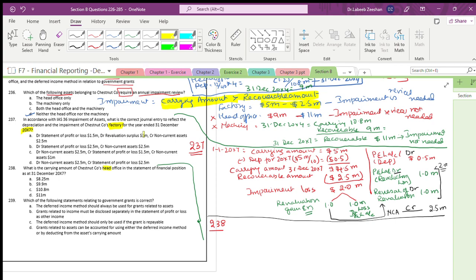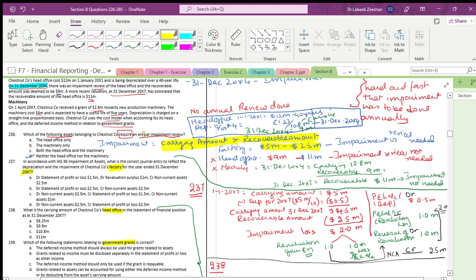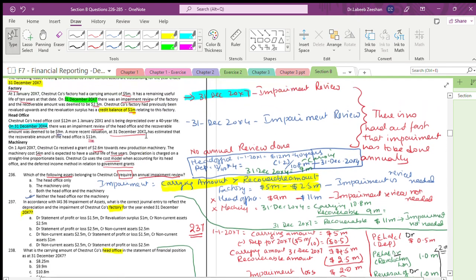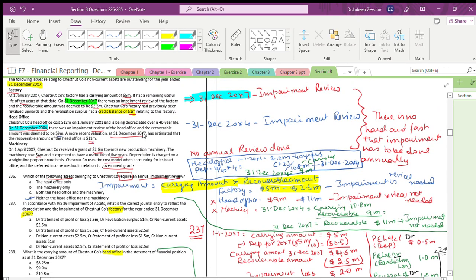Previously we have done it for the factory. They are asking all three questions. They have asked for the factory, now they are asking for the head office, and they will ask another question for the grants. Is it the revision? Very simple. Next, till examination, you just have to follow me. Inshallah khair. Okay. What is the head office?